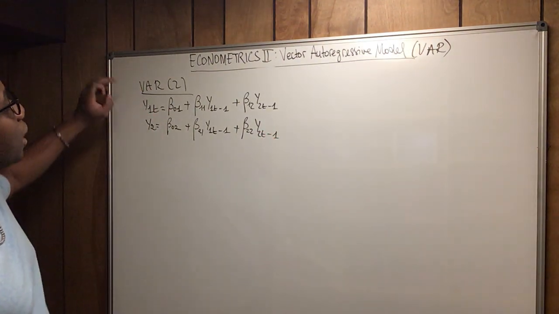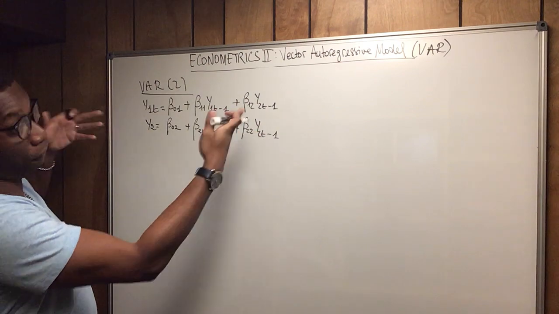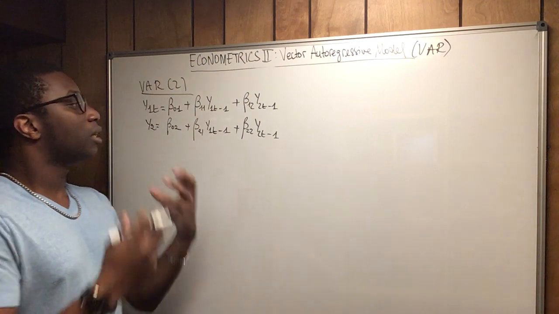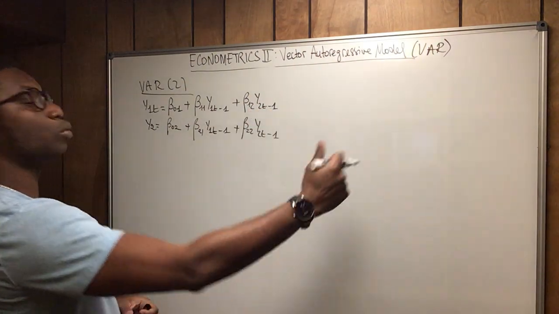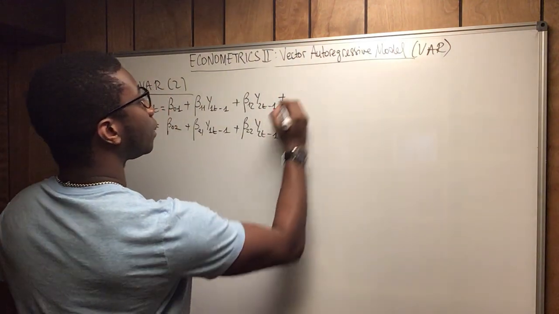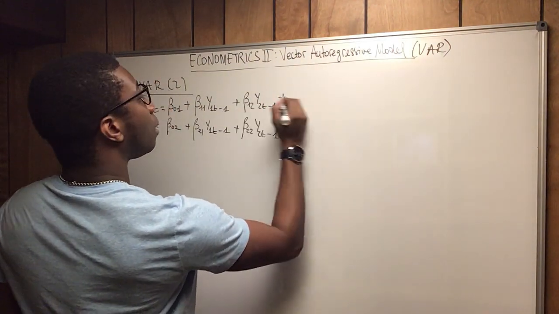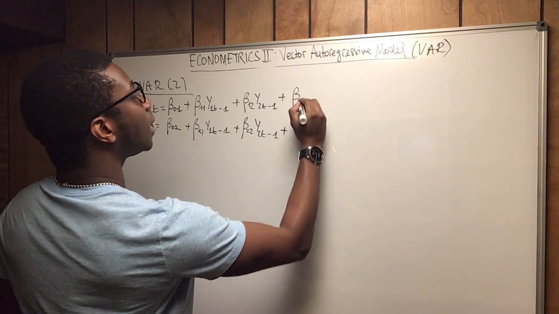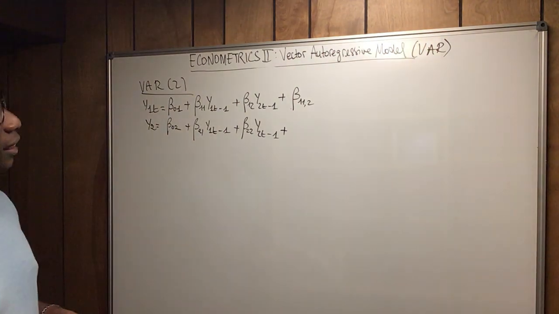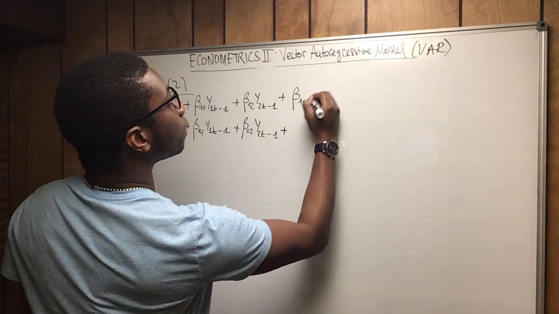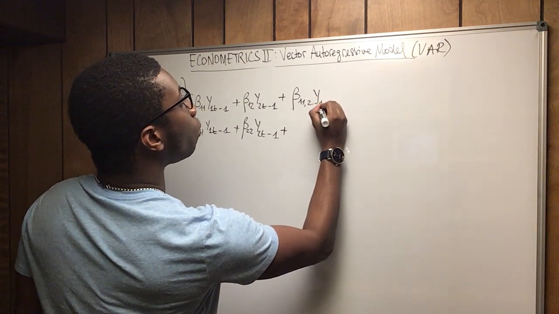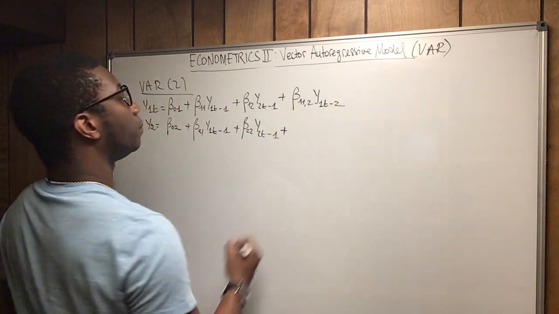All right. Now, you guys remember, this is VAR 1. But since we're moving two lags backward, what we're going to do is put the t minus 2. We're going to write it that way. Beta 11,2. Beta 11,2, y1t minus 2.